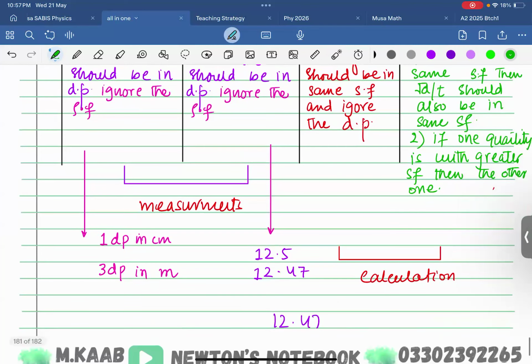Let me just write that down for you. If one quantity has a greater significant figure than the other quantity, then the answer, or d over t, should be in the least significant figure. Simple rule. These are the two conditions.